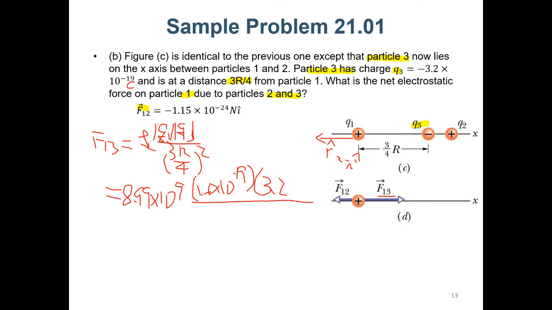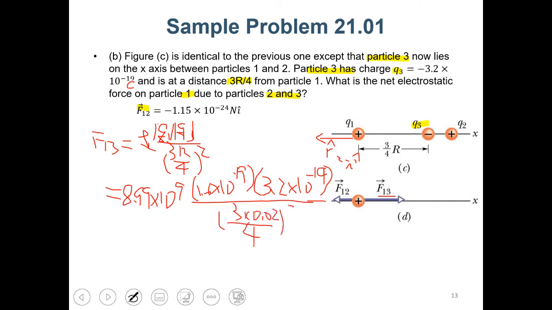It is also okay. It is up to you. But during the quiz or exam, you can do both to double check whether what you think is correct or not. So 3/4 times 0.02 quantity squared.